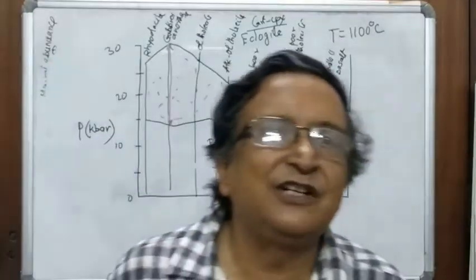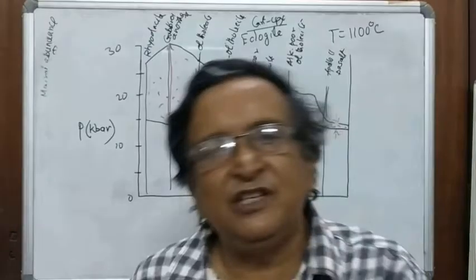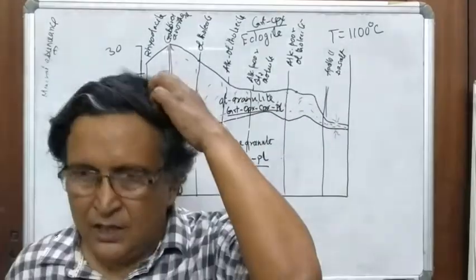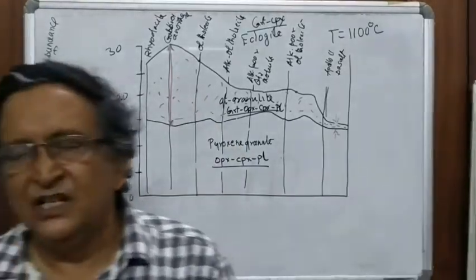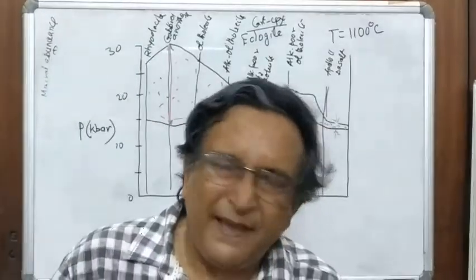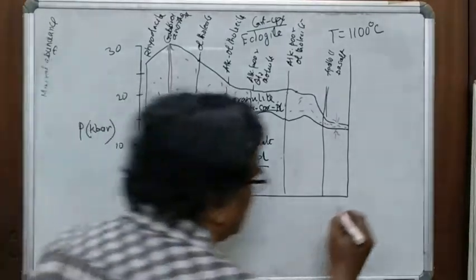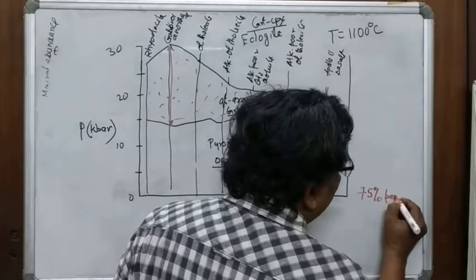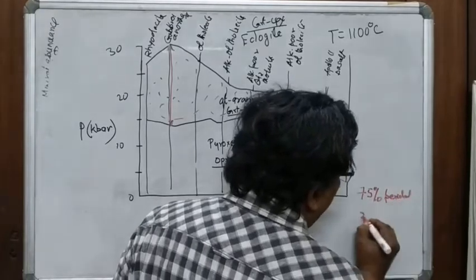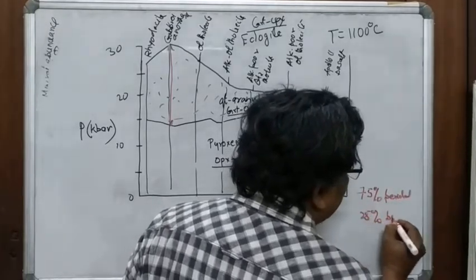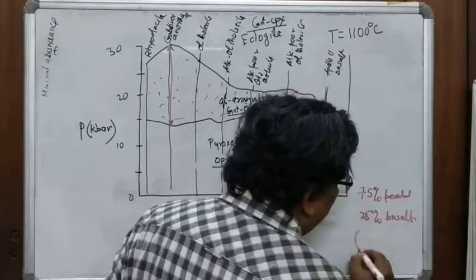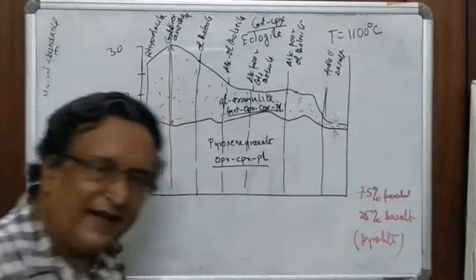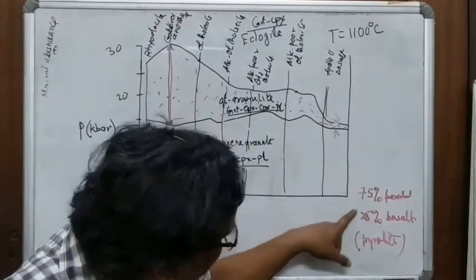It is actually ultramafic peridotite in which eclogites occur as pods, like in a cake. The proportion is roughly 75% peridotite and 25% basalt. You know that this is called the pyrolite model of Anderson and Green. 75-25.